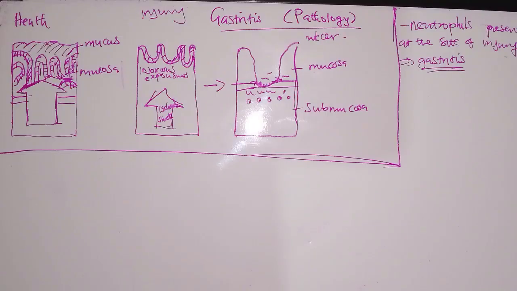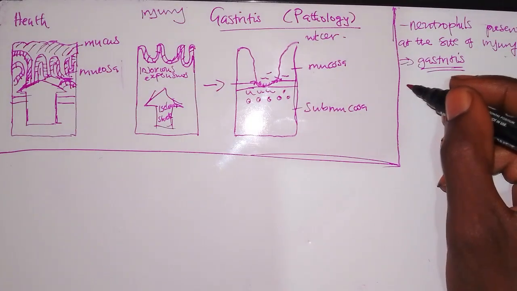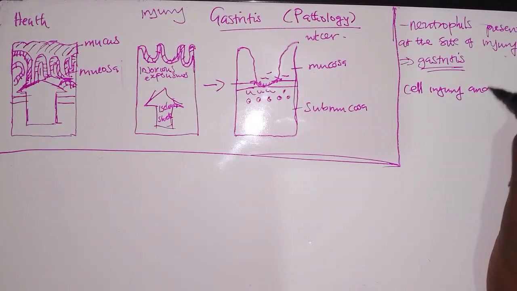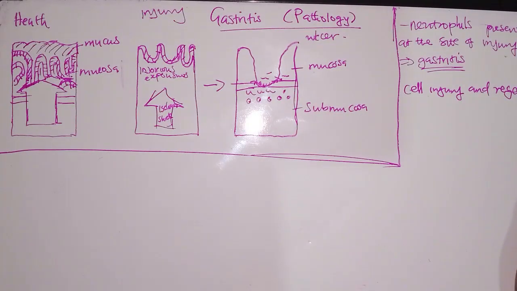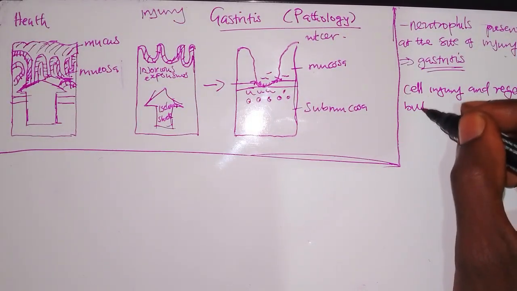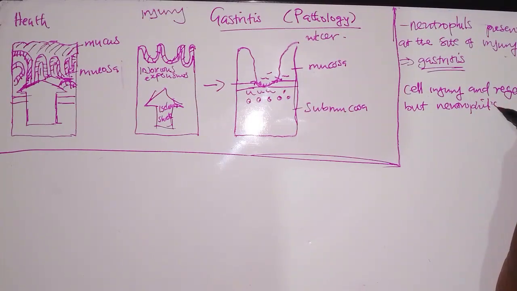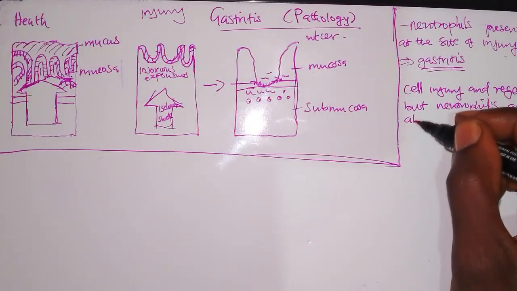Then the next thing is we have another term which is known as gastropathy. When we are talking about gastropathy, there is cell injury and regeneration, but neutrophils are absent.